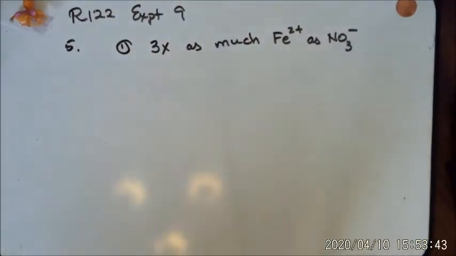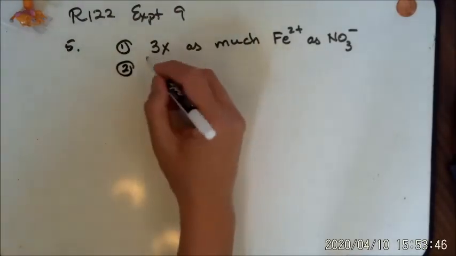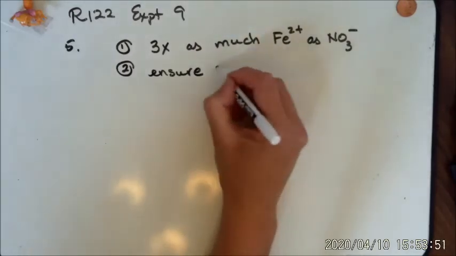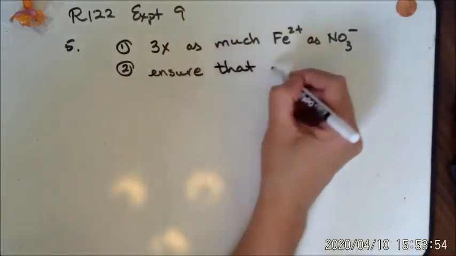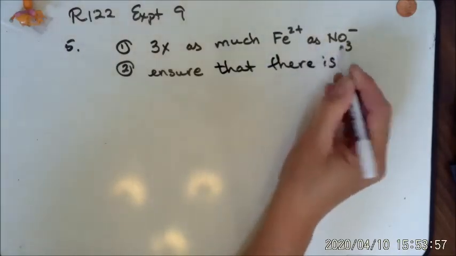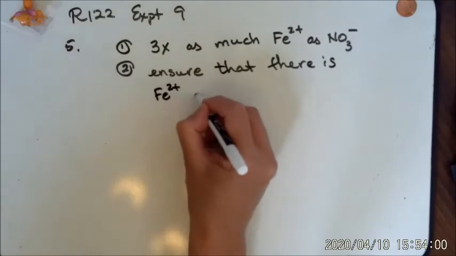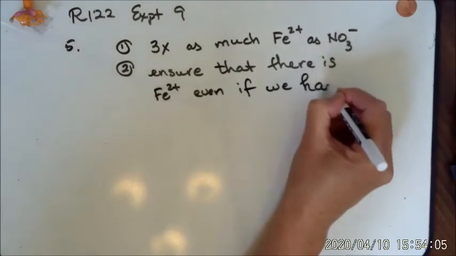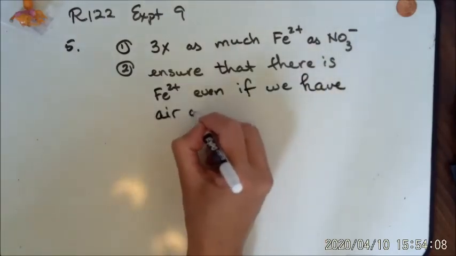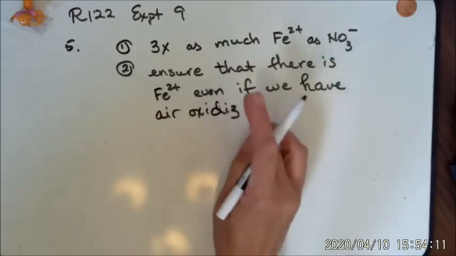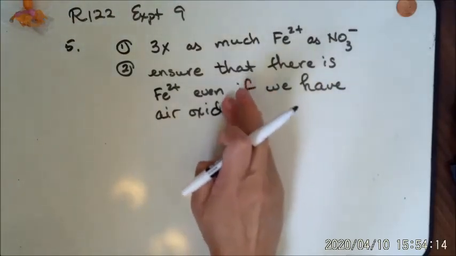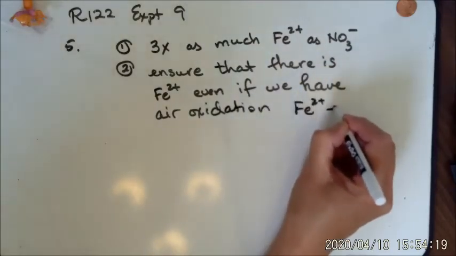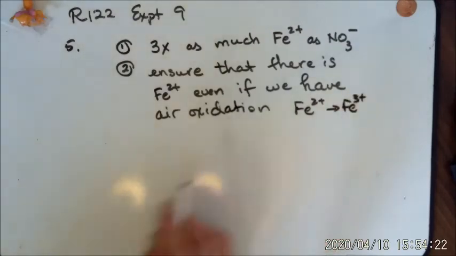And 2, we want to make sure that by using excess iron 2 there is enough iron 2 even if we have air oxidation, where iron 2 goes to iron 3. So we want to avoid that one.